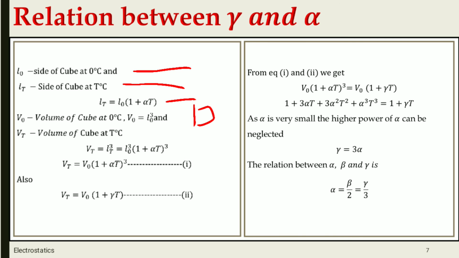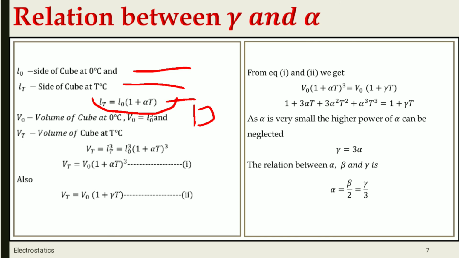So this equation is from your coefficient of linear expansion, that is LT is equal to L0 into 1 plus alpha T.